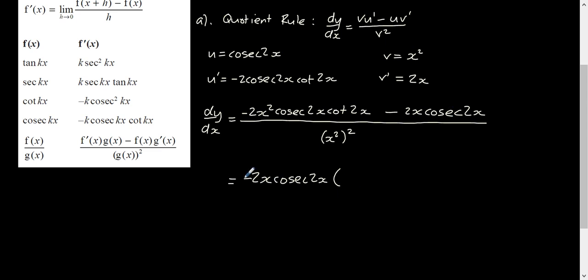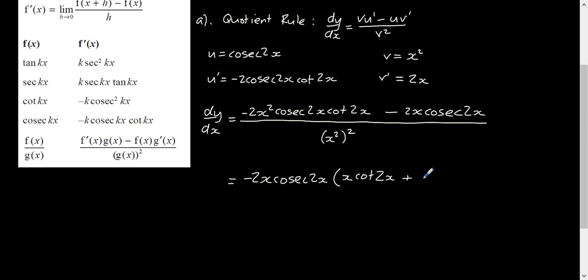So then the question, what do we multiply this minus 2x cosec 2x by in order to get minus 2x squared cosec 2x cot 2x? Well, we're multiplying it by x multiplied by cot 2x. Okay, if we multiply these two terms together, we should get this term. So minus 2x squared cosec 2x cot 2x.